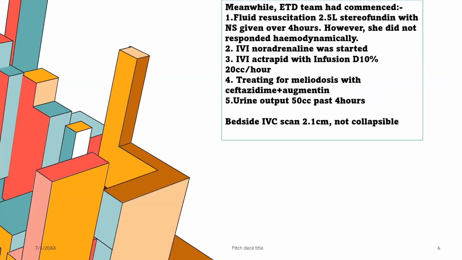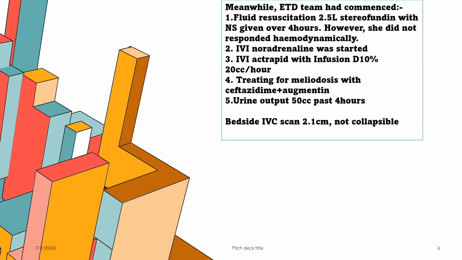Okay, so what happened? The progress here: in ETD, she was given about 2.5 liters of Steroflundin together with normal saline, over 4 hours, okay? But she did not respond hemodynamically. So she was started on noradrenaline, inotropic support, and put on IV infusion Actrapid.